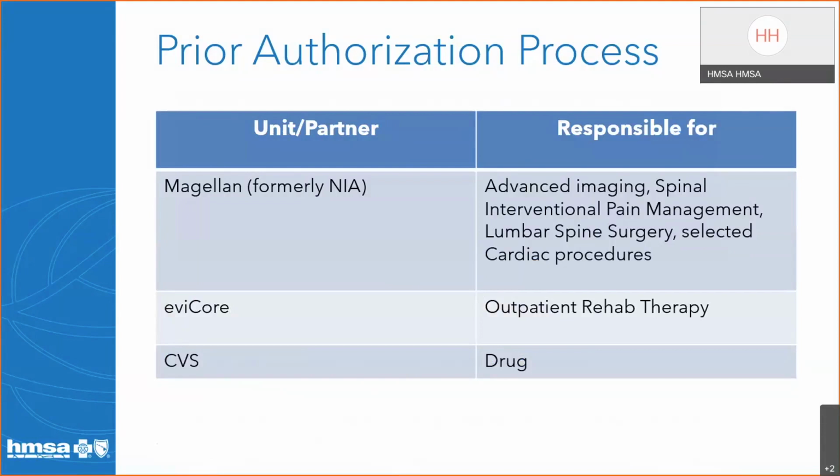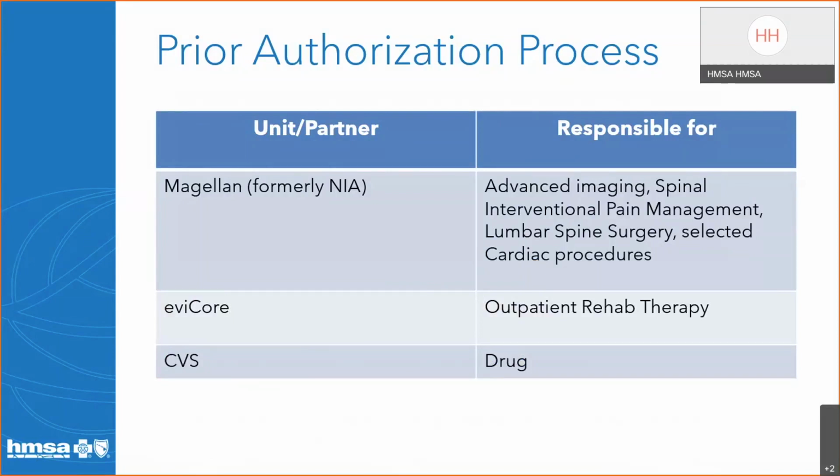Some services that require prior authorization are reviewed in-house at HMSA, while other services are managed by some of our partners. Here's a quick overview of our partners, but we'll review each of these more in depth coming up.